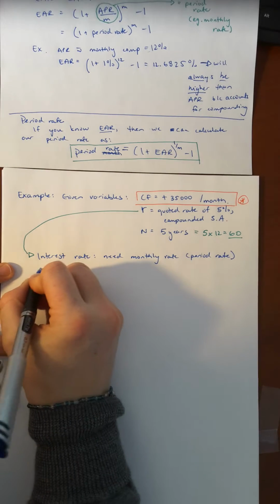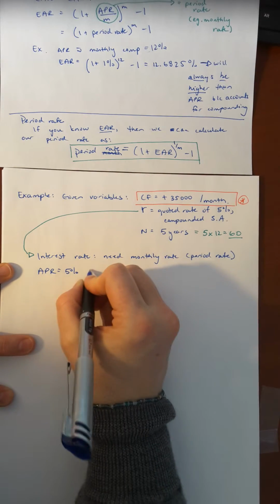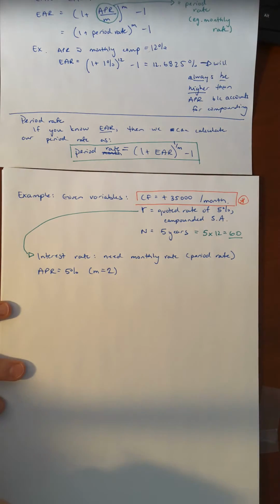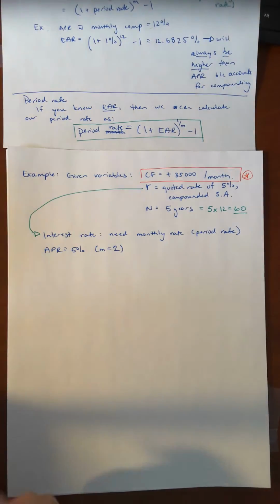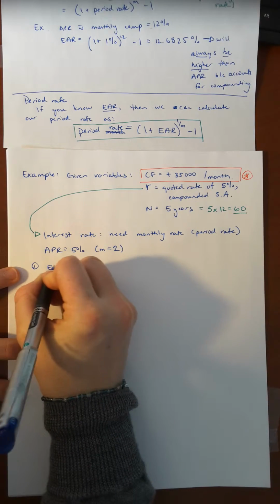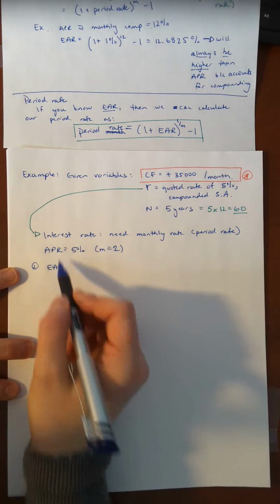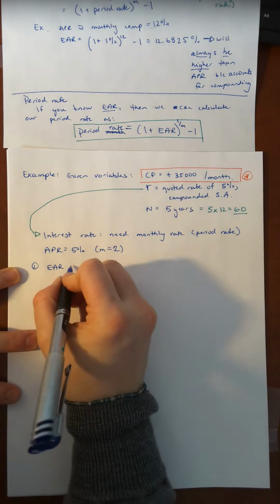Well, we're given an APR equal to 5%, and that's with semi-annual compounding. So we know that M is equal to 2 in that case. First step, I want to find my EAR. I want to get rid of the effect of this APR and move it into an annual rate that's actually useful to us.